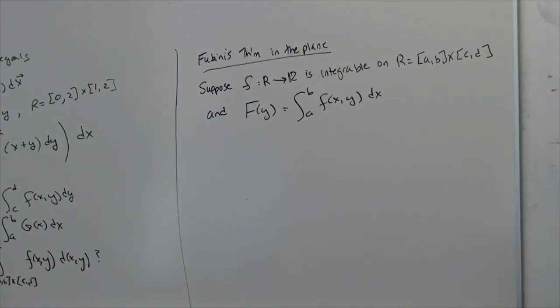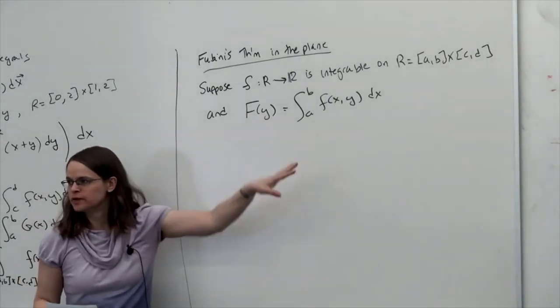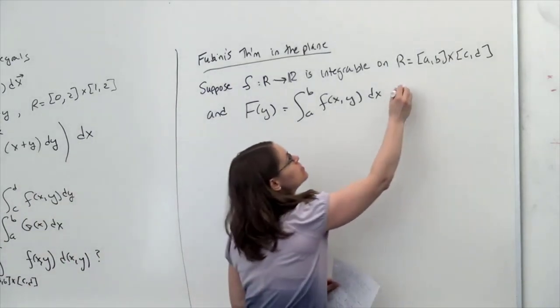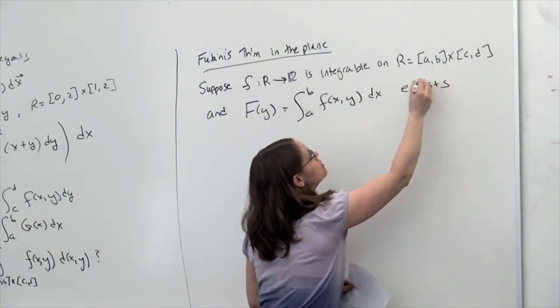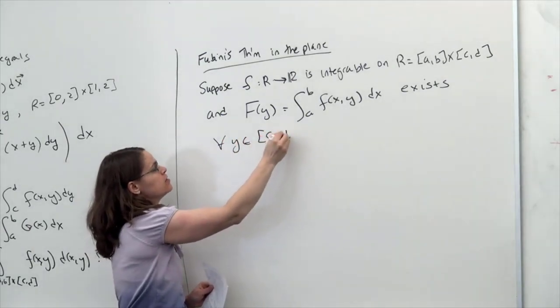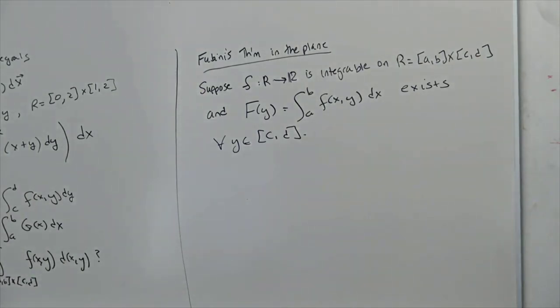And it has to exist for every y, right? This is a function, so for each fixed y, we do an integral. Different y, different integral. So this exists for every y in [c,d]. All right, this is all we need. Basically, if these building blocks work, we're in business.